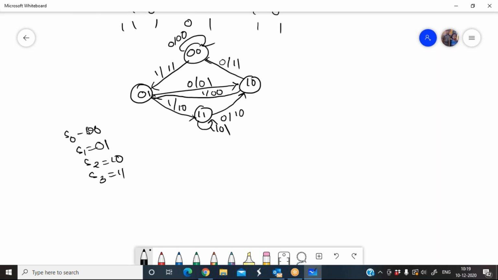So here all zero state is the S0 state. So this is the initial state. And final state.